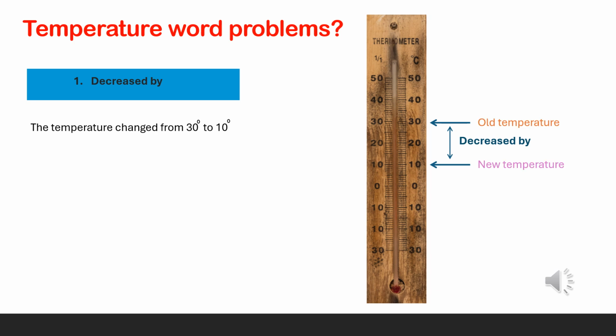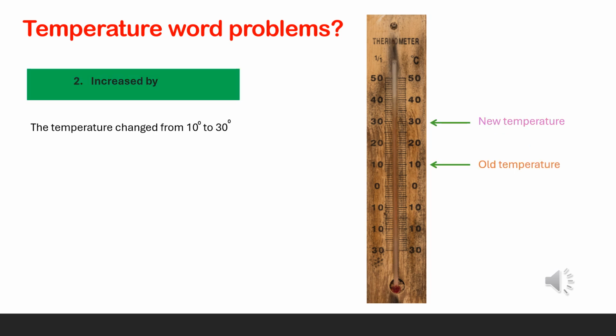So looking at the thermometer, 30 degrees is what we call my old temperature. 10 degrees is my new temperature. And the difference between both temperatures is what we call the amount that it has decreased by. The difference between both temperatures is 20 degrees Celsius, which means my temperature has decreased by 20 degrees.